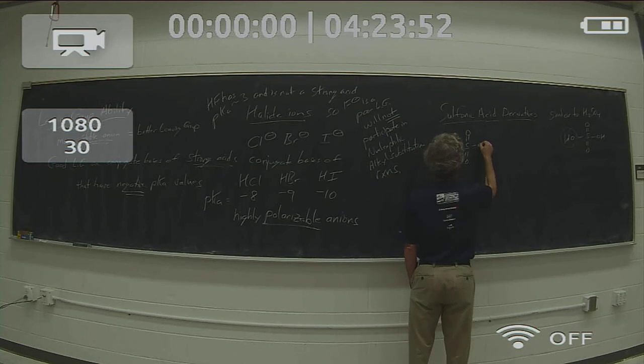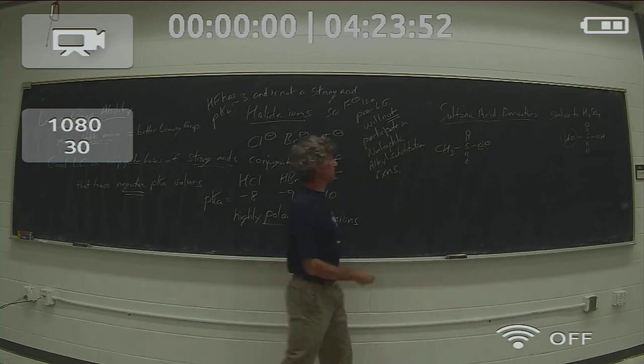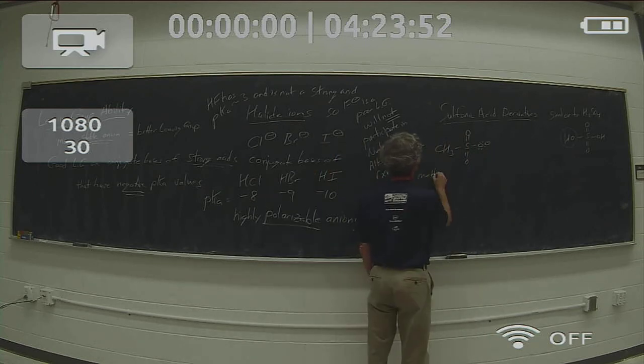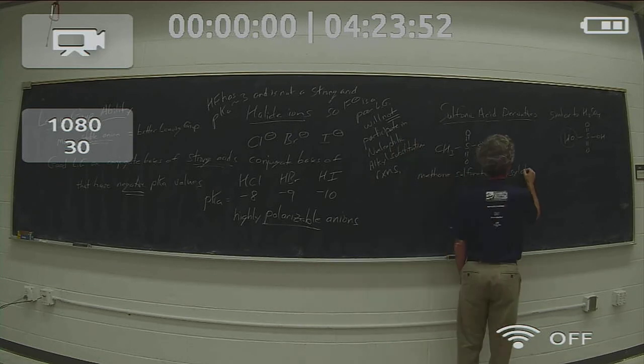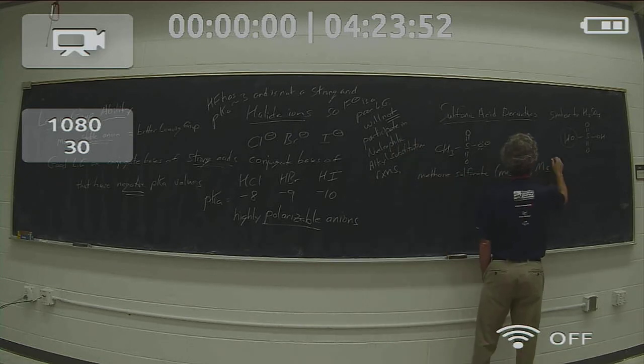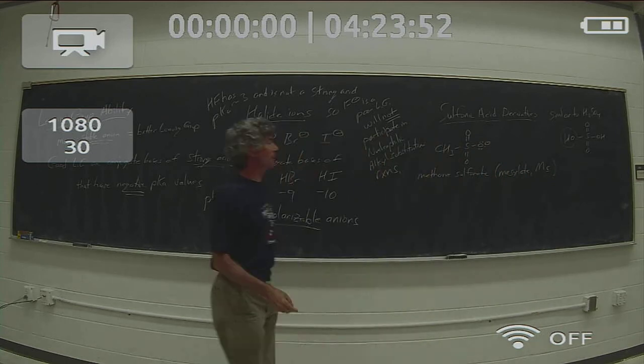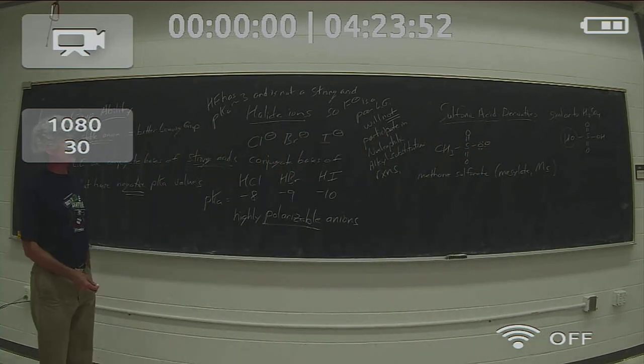So for example, the methane sulfonate ion, which is abbreviated Ms. So methane sulfonate is a good leaving group.